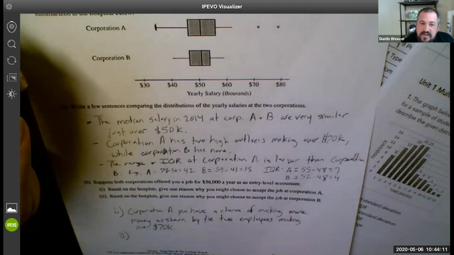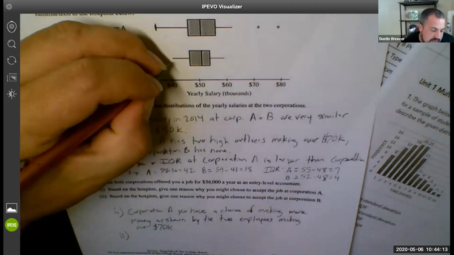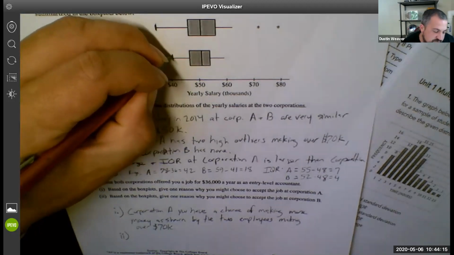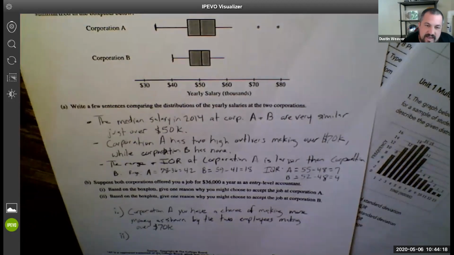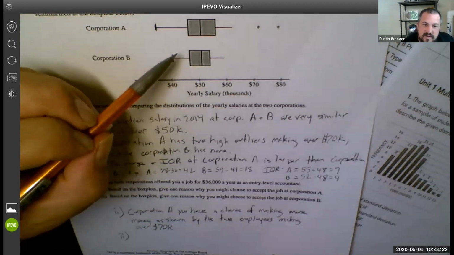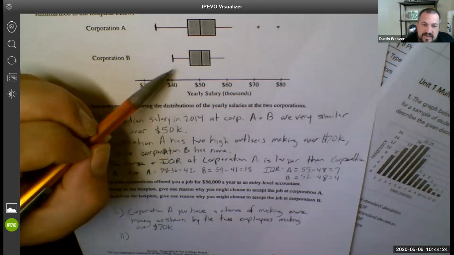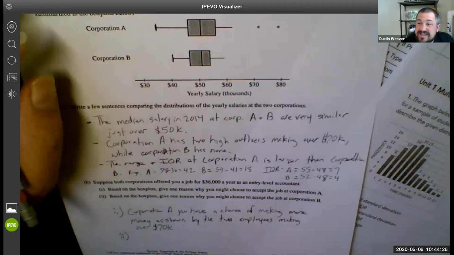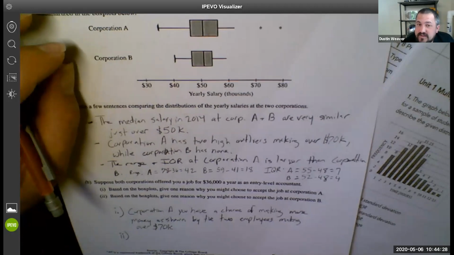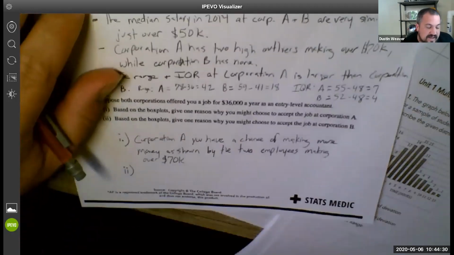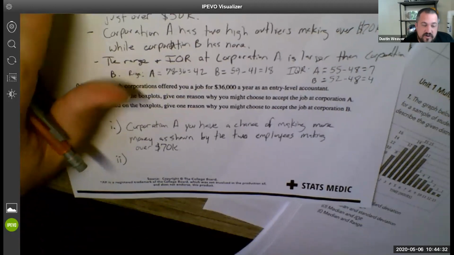Nothing, right? They've gotten no raise. Every employee in Corporation B has at least gotten a raise, right? So even the minimum, which looks like 41, means even the lowest employee that's still working has gotten about a $1,000 a year increase.